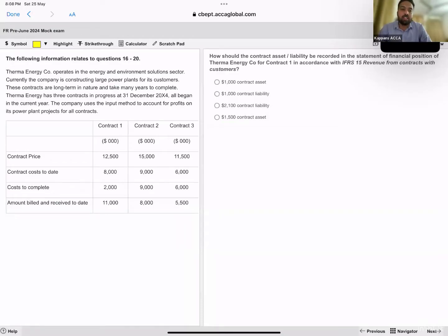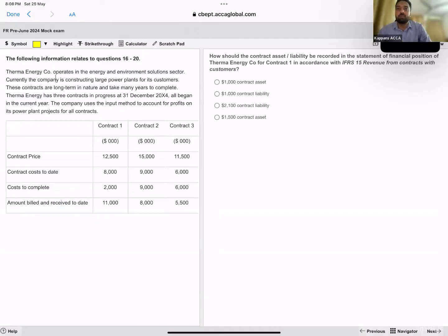When you answer this section B, first read the scenario on the left-hand side to have a general understanding of the scenario. So this is question number 16, the first case scenario of section B of the FR pre-June 2024 mock exam.